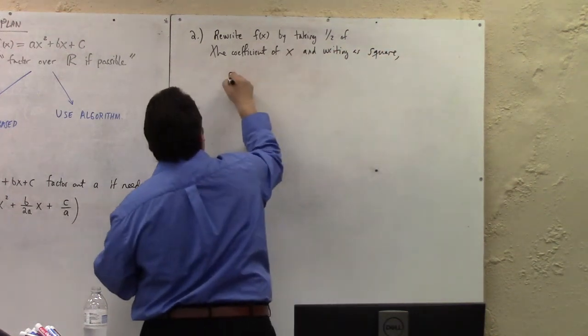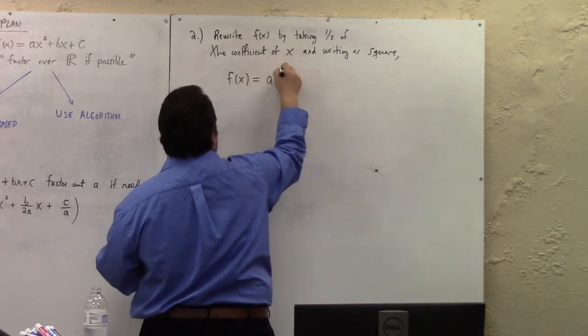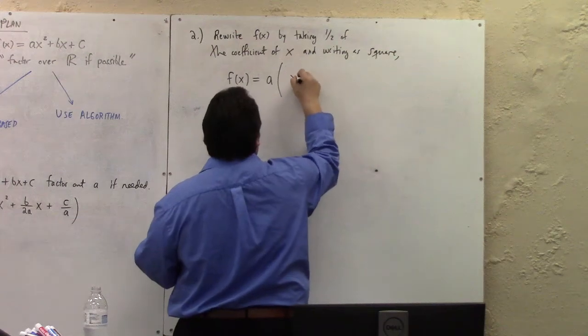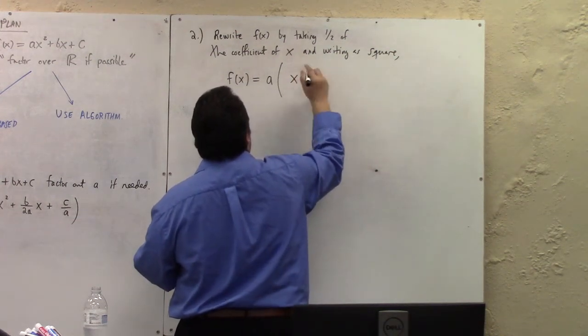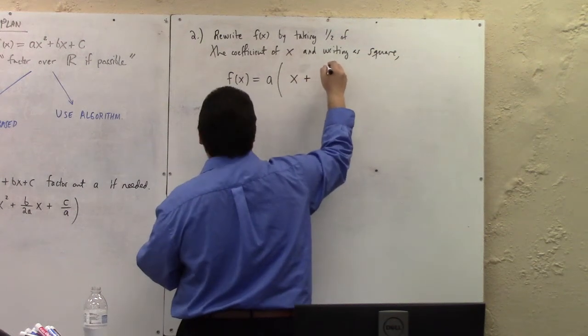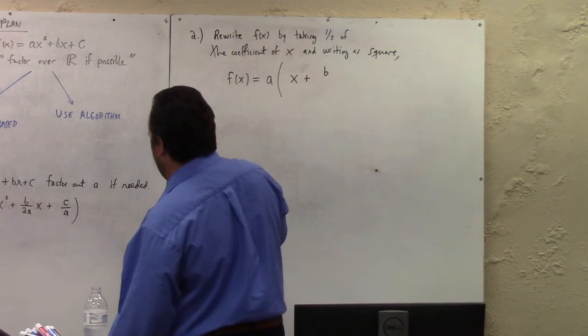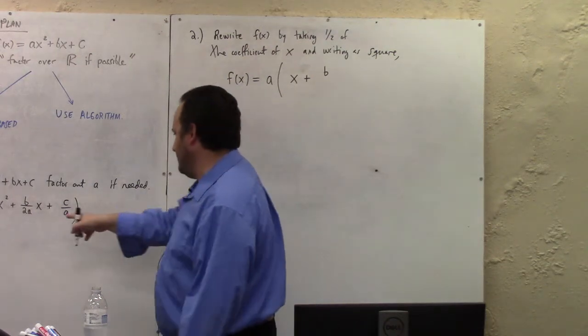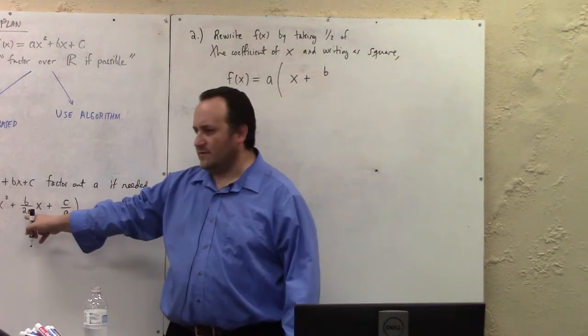So in particular, for an arbitrary one, it looks like this. f of x equals a, that a is still out front. We have x plus b. Where did this 2 come from? Come on, guys. Don't let me get away with that. Where does 2 come from?